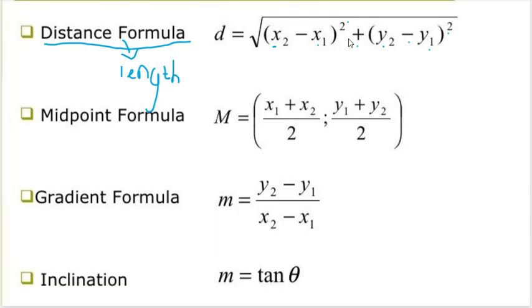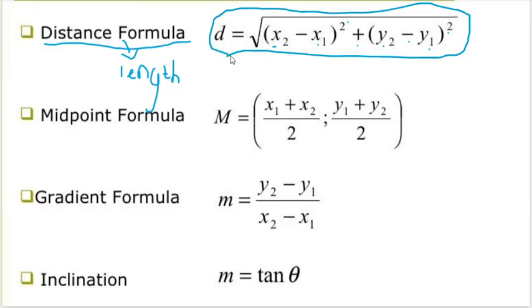You're going to see how this formula will help us in finding the distance or the length.